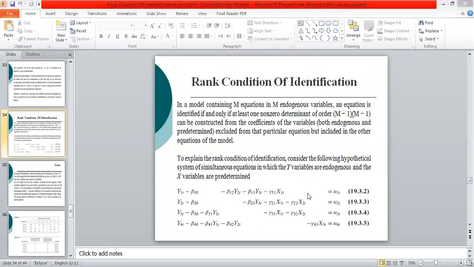All the variables, either endogenous or predetermined, are on the left side of the equality sign, and on the right of the equality we have only the error terms. All four equations are shown in the same pattern.